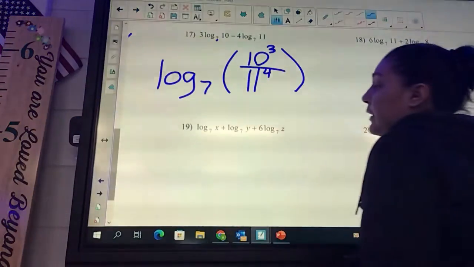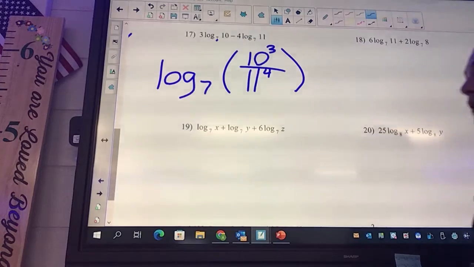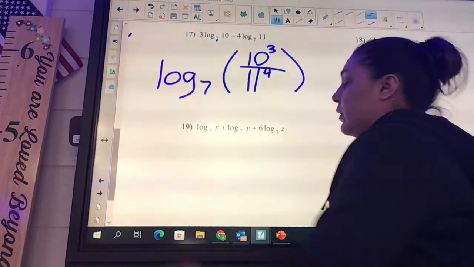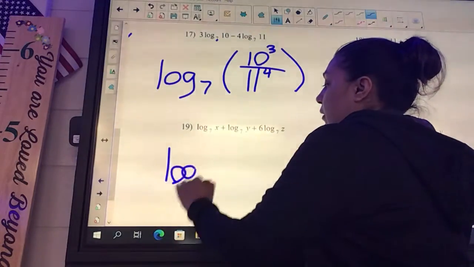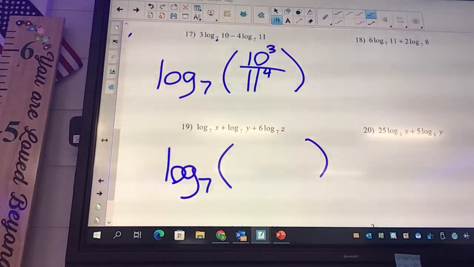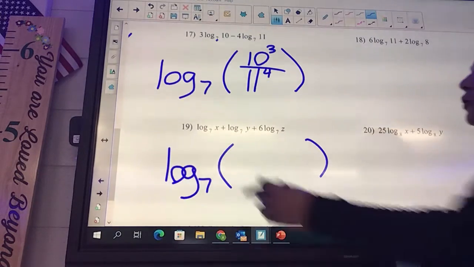Okay, so 19, you're going to get multiplication or division? It's going to be multiplication. So you're going to get log of 7. What's the first one going to be? It's just x. There's no number to move up.